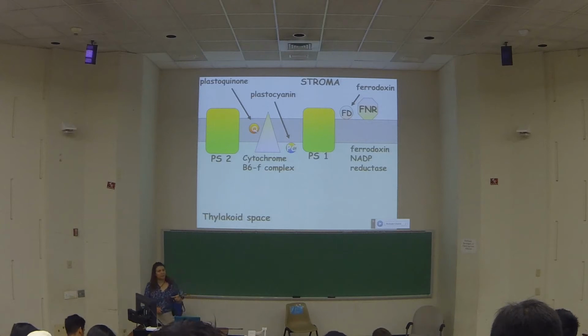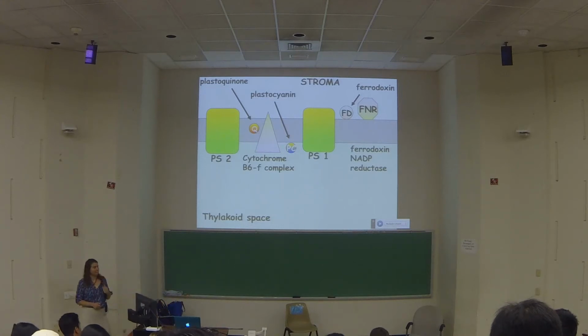Just like in the electron transport chain for cellular respiration, the system is set up to move electrons in order to achieve making either electron carrier or ATP. All right, so you're going to see this again.